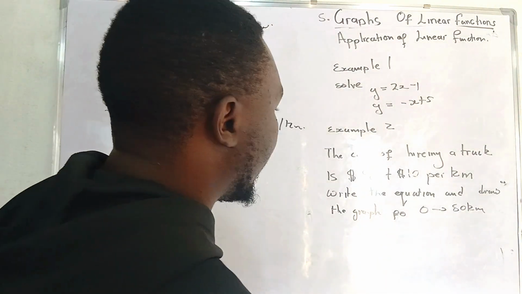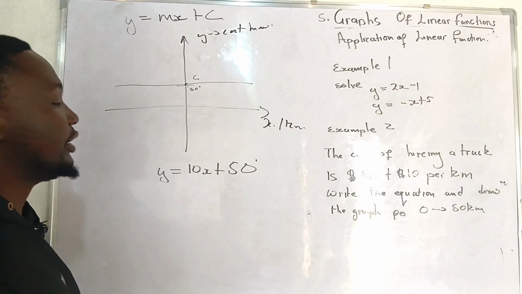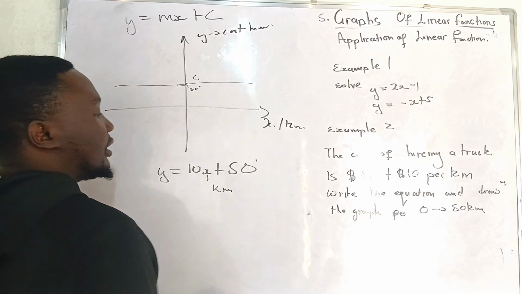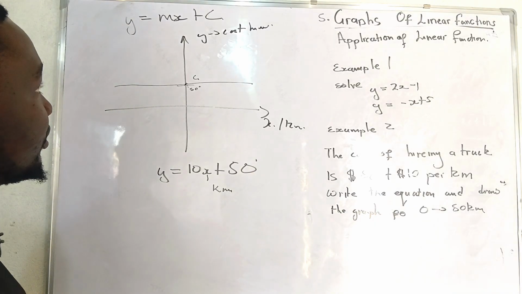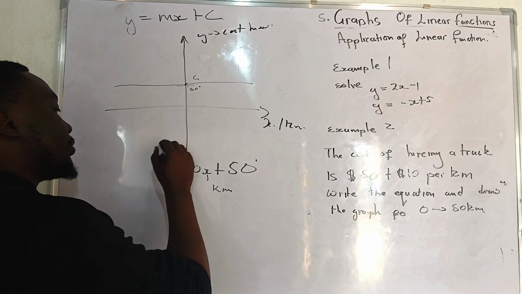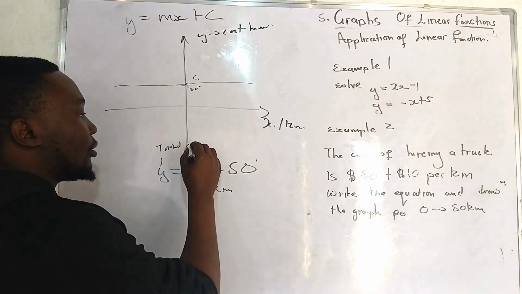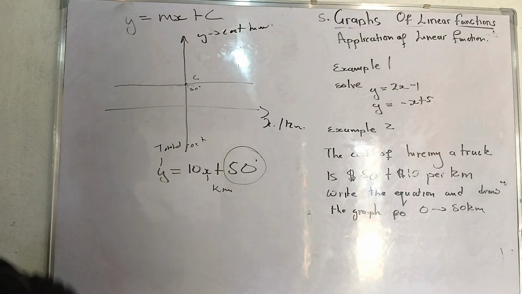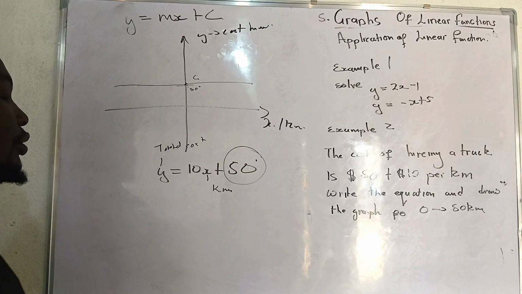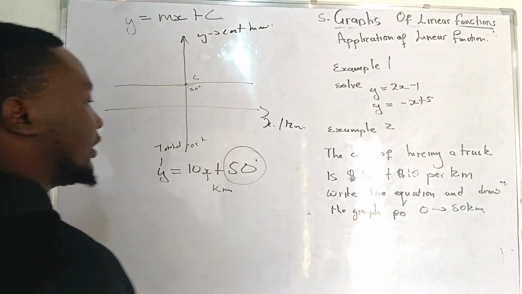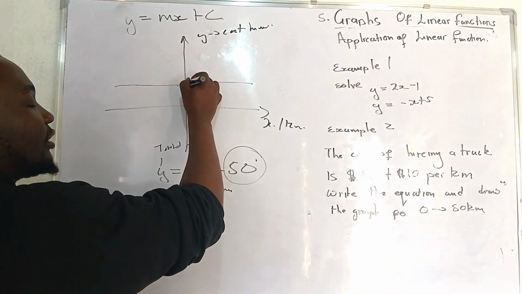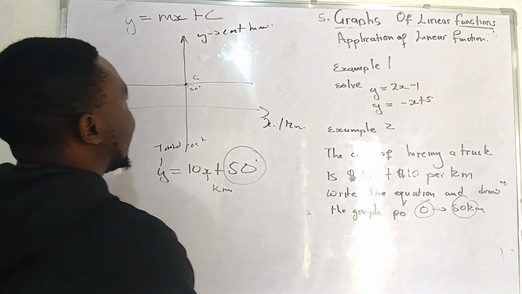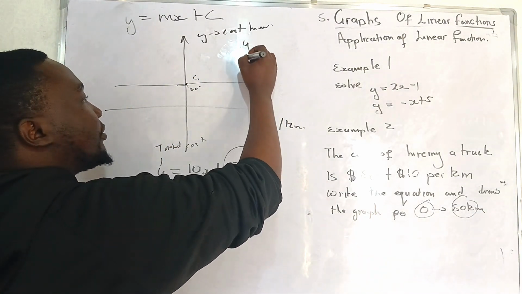I'm told to write the equation, and I wrote it. x will represent the kilometers, and y will represent the total cost, which has a fixed cost attached to it, which is $50 just for hiring. Then I'm asked to draw the graph. Already I have my point here. You need to draw your table with y and x.